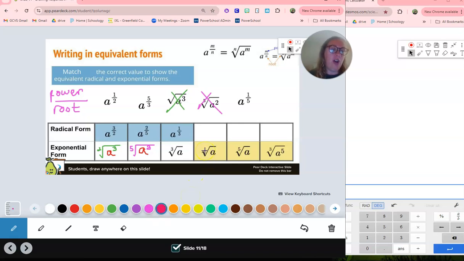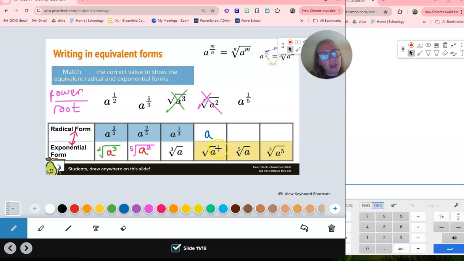On the bottom, we're given the radical form and we want it in exponential form. Our base is a.